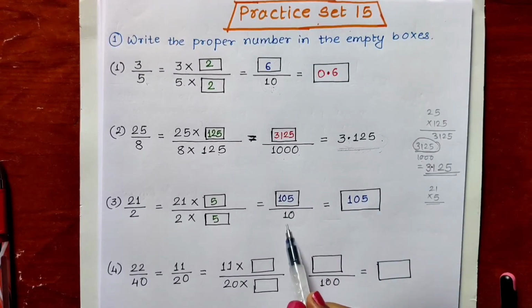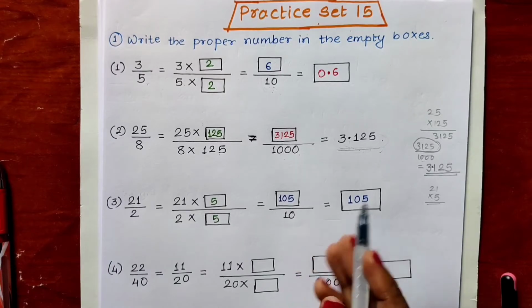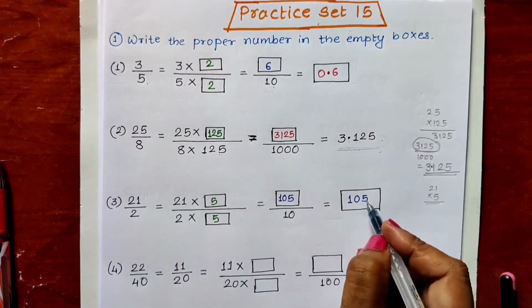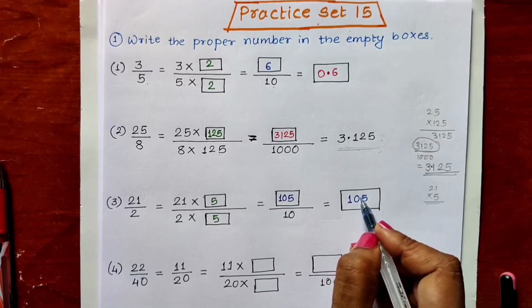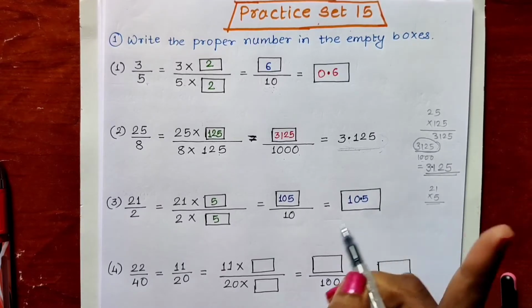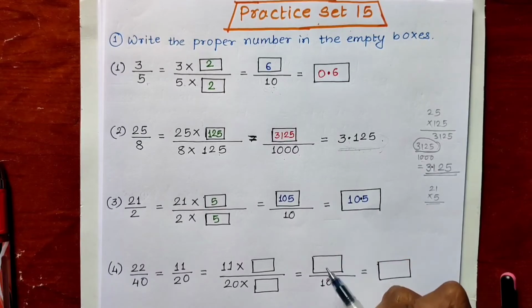Now in the denominator 10 is there, in 10 one zero is there. So we have to put a decimal point before one digit from right to left. So the decimal point will be here. So after the decimal point there will be a single digit on the right hand side. In this way you can write the answer.